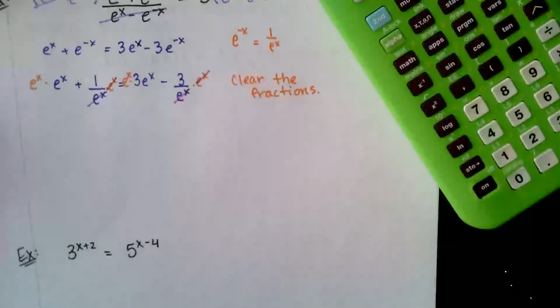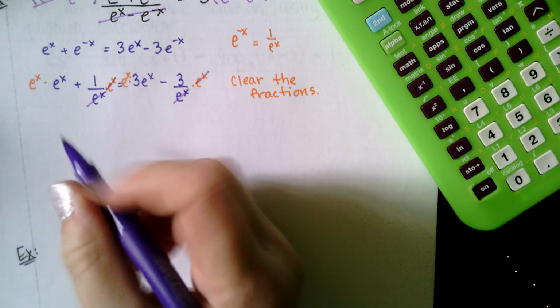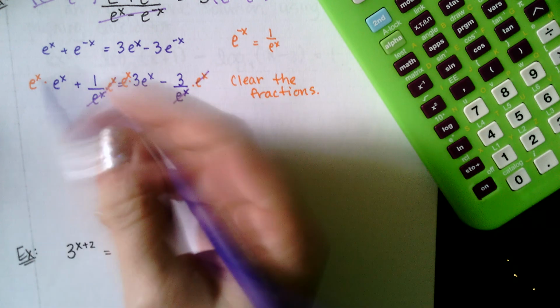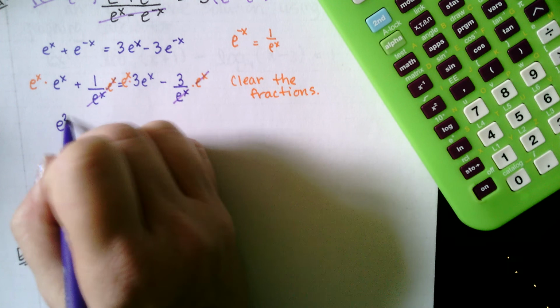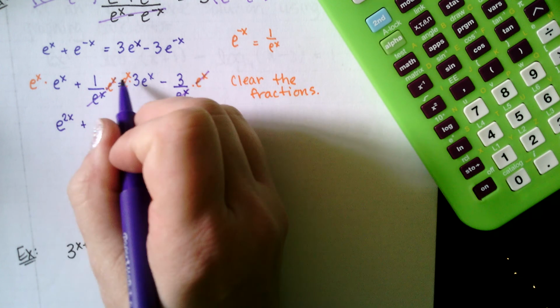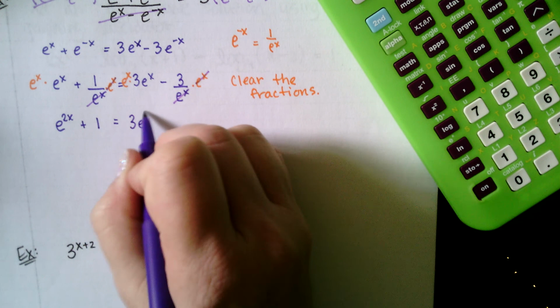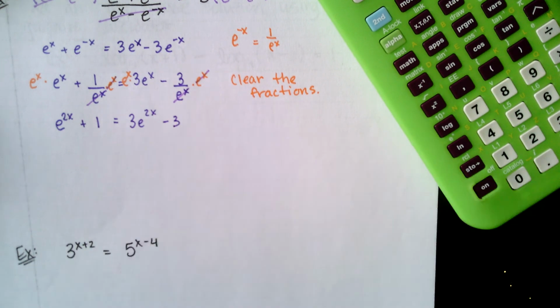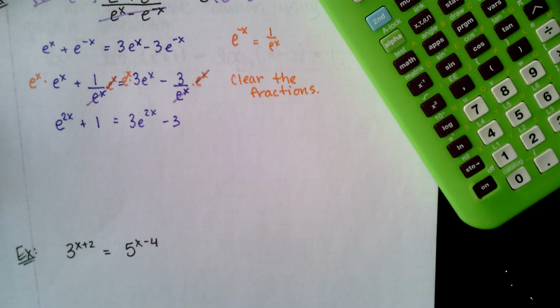So I'll have e to the x times e to the x. Remember, when you multiply the same bases to exponents, you end up adding the exponents. So we'll have e to the 2x plus 1 equals, this becomes 3e to the 2x minus 3. And now it's a little bit less intimidating, I think, to combine like terms.